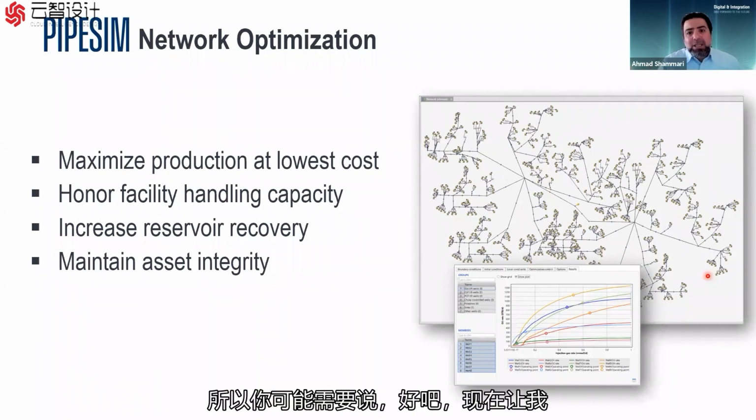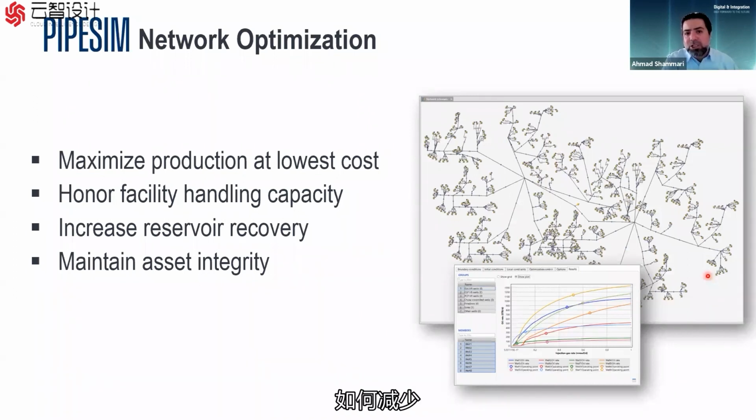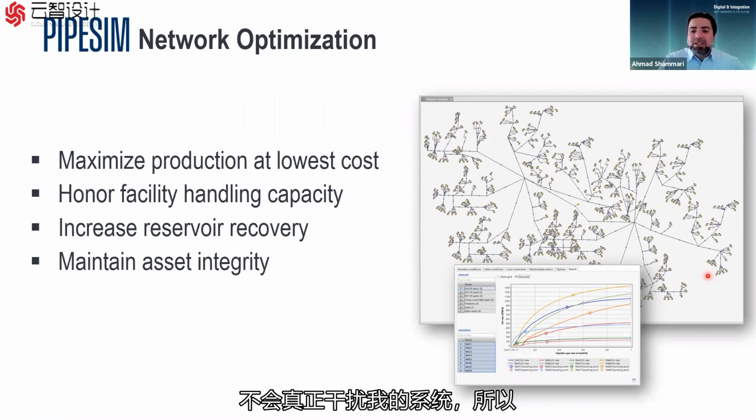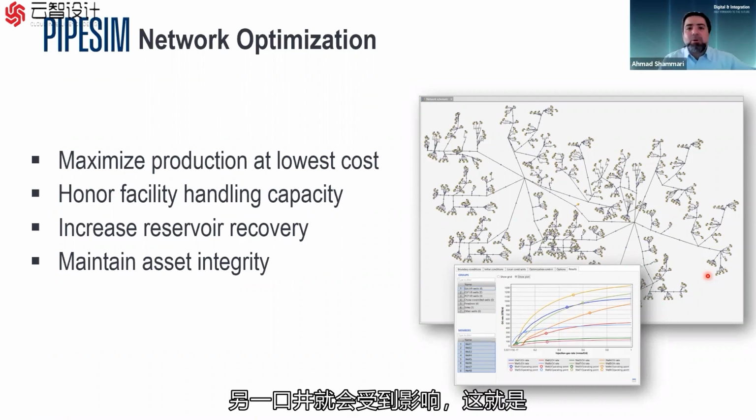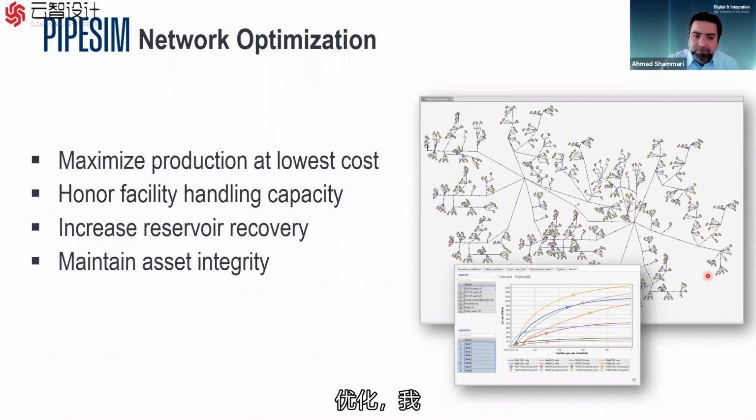So you might need to say, okay, now how can I reduce the production from the wells that are producing high water cut without actually disturbing my system? So it's really a challenge, because it's really a back and forth and trial and error, because the moment you change something, another well will be affected. And that's why you need what we call the network optimization.